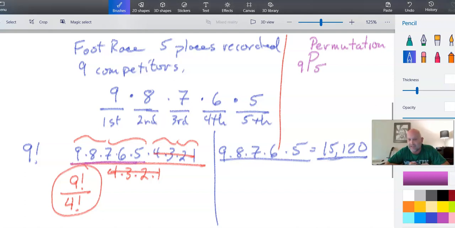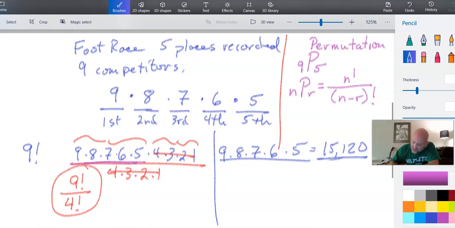The formula for this, nPr, that has nothing to do with National Public Radio now, turns out to be n factorial over n minus r factorial. So there's 2 factorials in it.